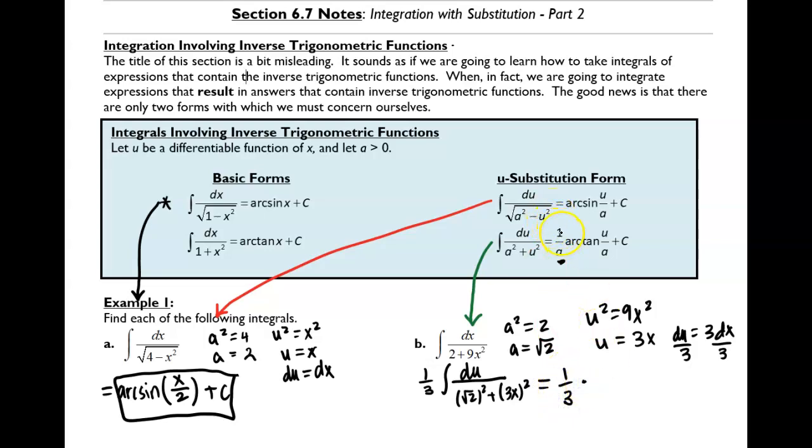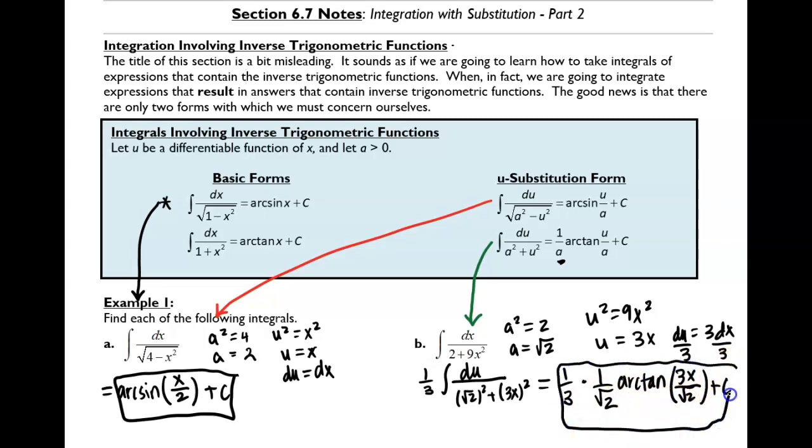Then in my formula, I have 1 over a. My a was square root of 2, so I have to multiply by 1 over square root of 2. Then arctan of u over a. So u is 3x, and a was square root of 2, plus a constant. You can simplify this a little bit just by saying 1 over 3 square root of 2, but otherwise there's not anything you can really do to simplify, so that will just be our answer.